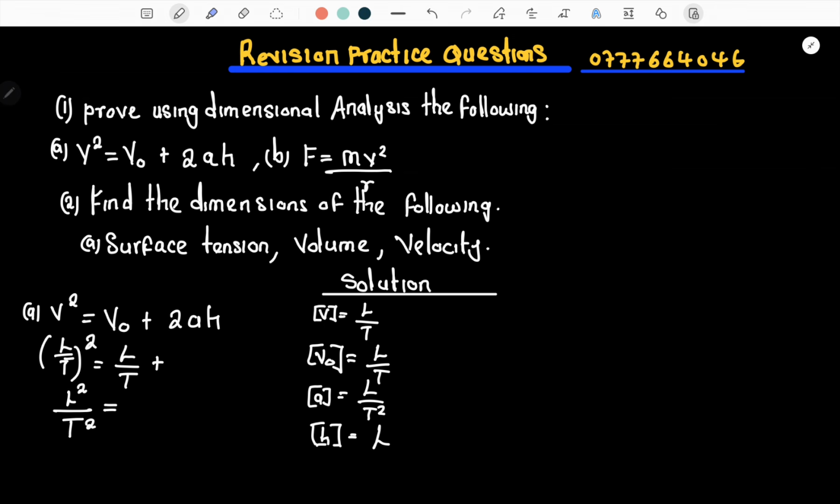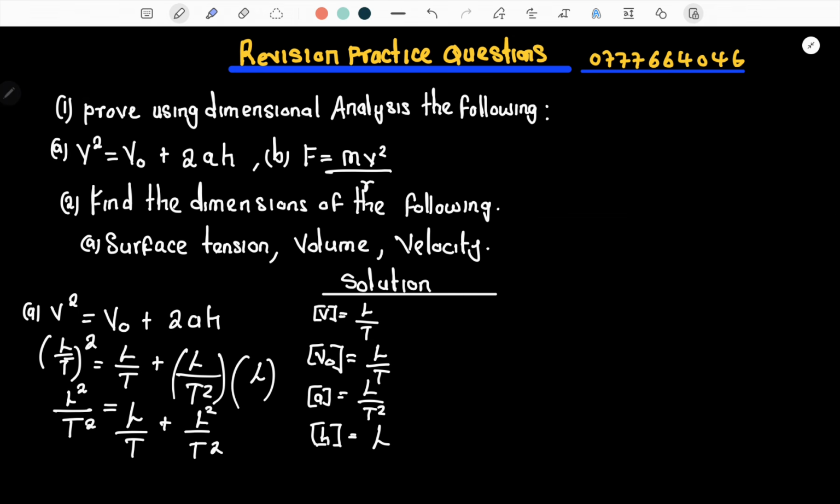Now, notice that 2 is a constant, so you can actually remove it. And then you're going to remain with L over t power 2 multiplied by L. Then you're going to have L over t plus L to the power 2 over t to the power 2.